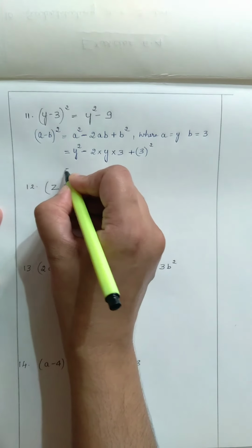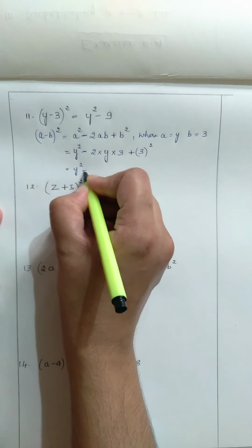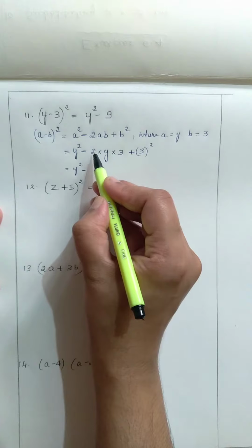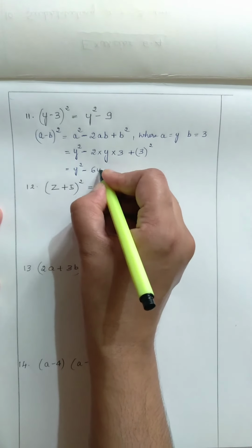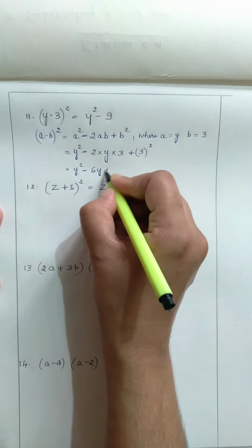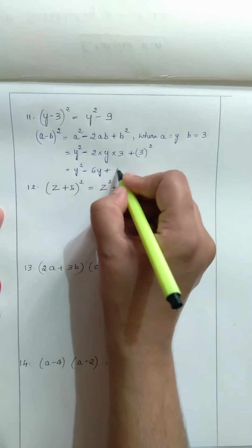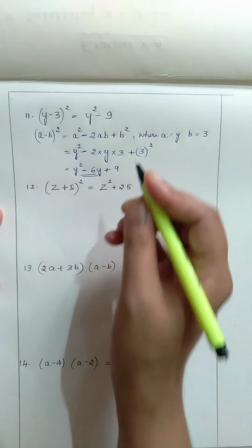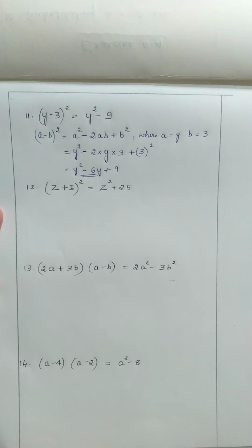Therefore, in the next step, y square minus 3 2s are 6, 6 into y, it is 6y, plus 3 whole square, 3 into 3, it is 9. Therefore, (y - 3) whole square is equal to y square minus 6y plus 9 is the correct answer.